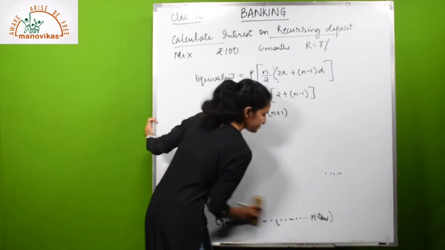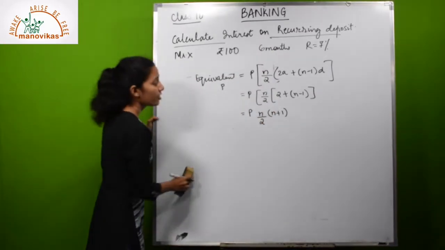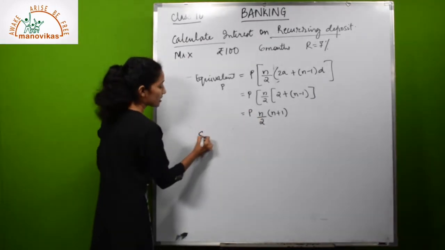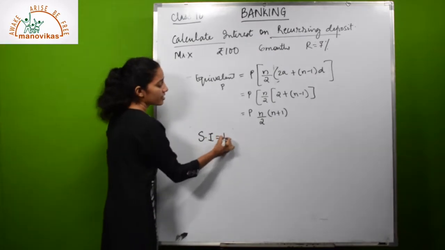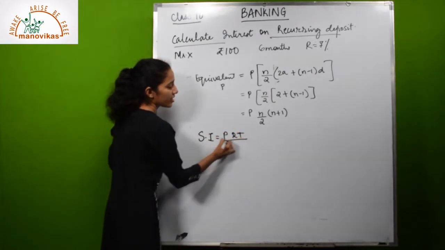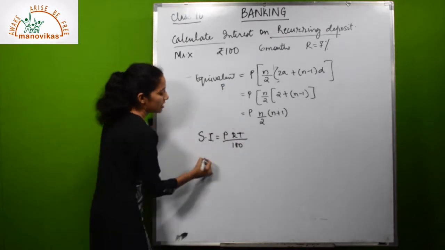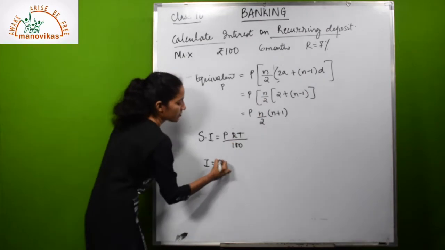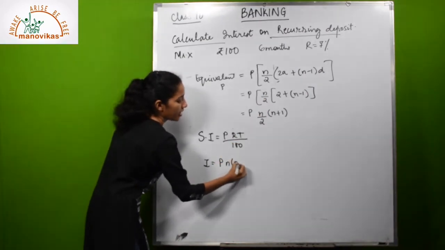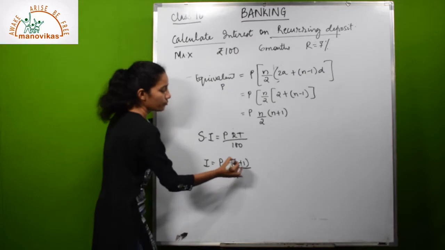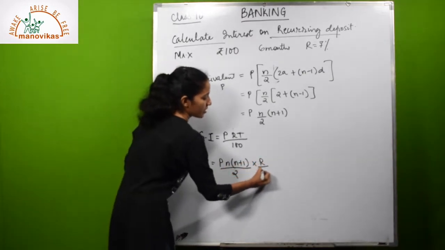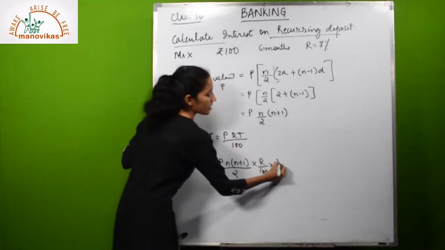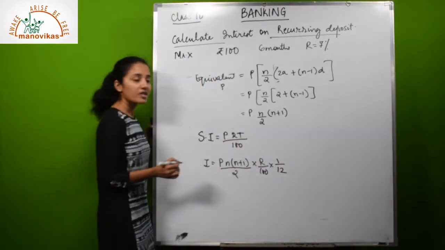Now note that in recurring deposit we always consider the time period in terms of months. So when we are calculating the simple interest, that is given by PRT divided by 100. To calculate the interest on recurring deposit, the principal for 1 month is replaced by P into n plus 1 divided by 2, the rate divided by 100, and here since it is for 1 month, it is taken as 1 by 12 of a year.